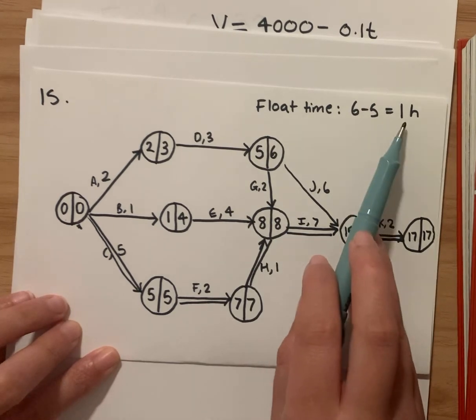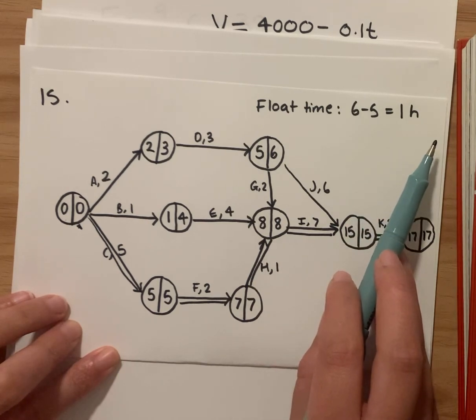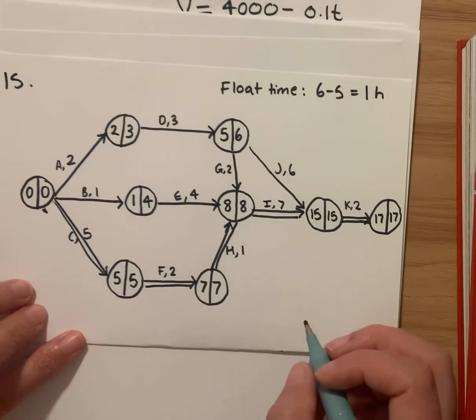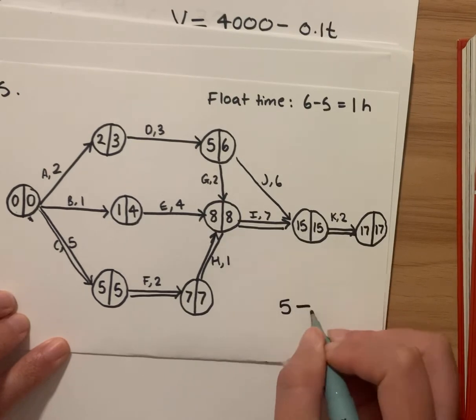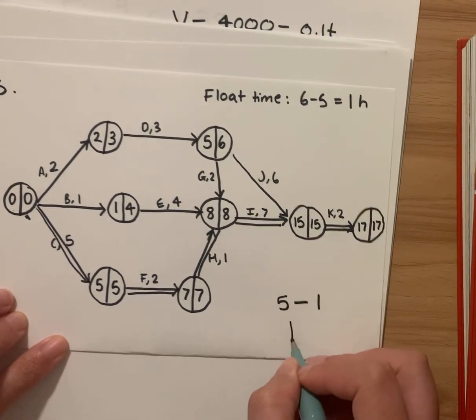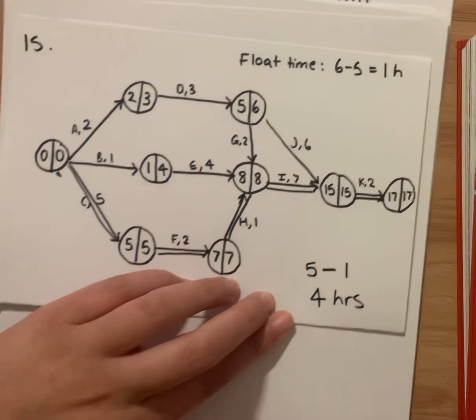Well, it doesn't matter about that first hour because we've got a float time of 1 hour. But the remaining 4 hours will delay this critical path by 4 hours. So your answer is basically going to be the amount they asked you to delay it by minus the float time, which is 1, okay? So it delays the process by 4 hours. So it delays K by 4 hours.